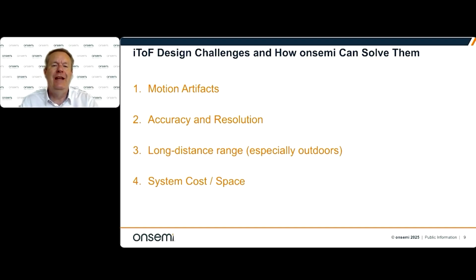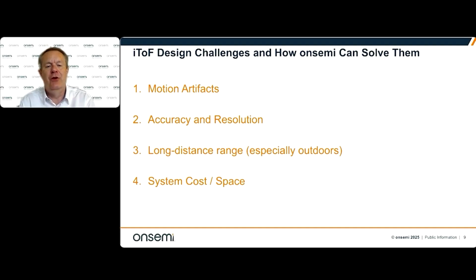We have shown that you can get accurate distances outdoors up to 20 meters, which is leading the industry in terms of iToF depth calculation. Indoors, we can get up to 30 meters. Most rooms are 30 meters or smaller, so it's absolutely ideal for that. System cost and space: this becomes really, really important when you're designing a system.